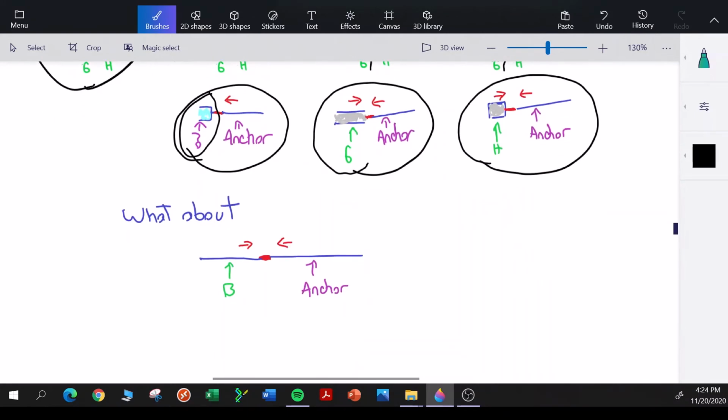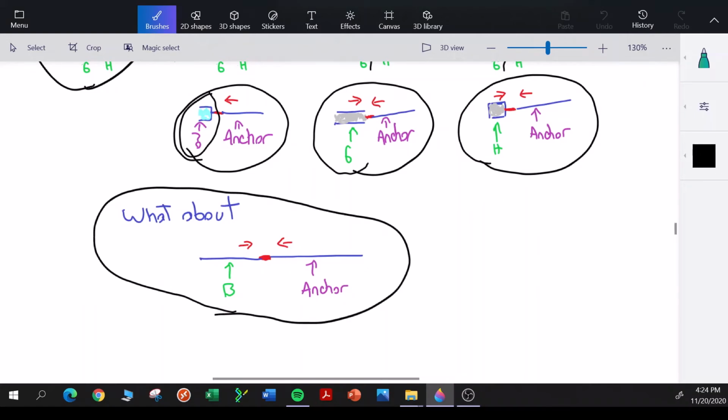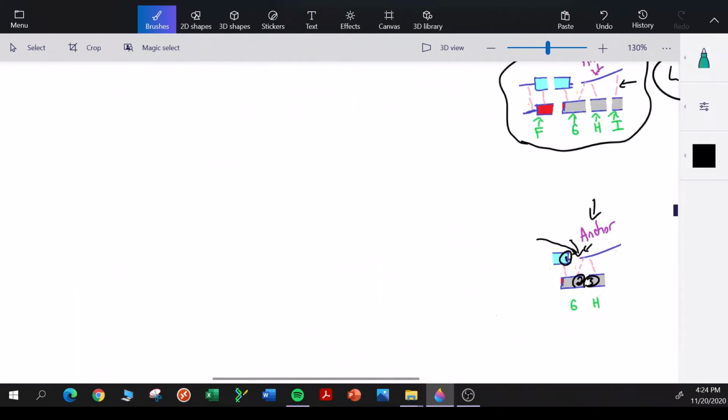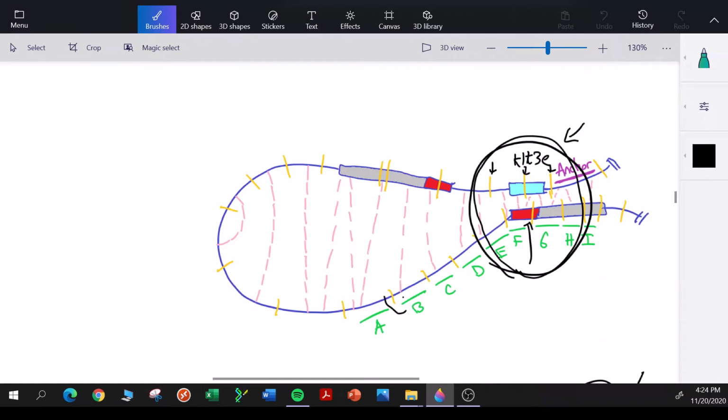So, for example, what about this one right here? This is segment B. Now we could go up here. Okay, where was B? B was way down here. Now, if we're looking for an interaction with B, that wasn't really our hypothesis, right? Our hypothesis suggested the KLK3 enhancer will be close to F or G or E up here, not so much B. So B is a good control.